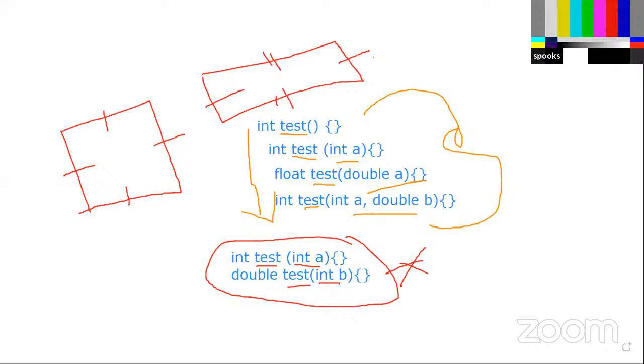I hope we are still together. All right, let's continue. Now that I'm done with the part of explaining this, I'm just trying to look if we can get a simple example that we can code, and as we are coding, we try to understand how function overloading actually works.